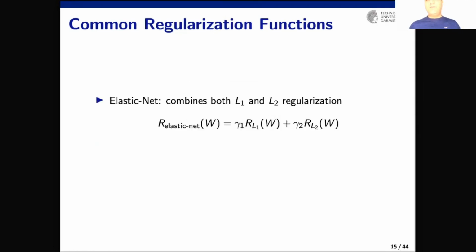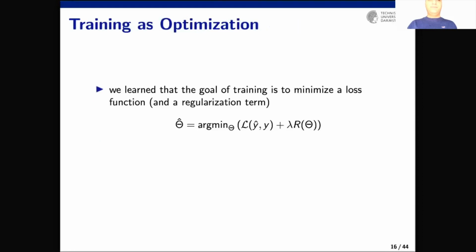Okay, and then we have elastic net, which combines L1 and L2 regularization, and then we have dropout, which works differently from L1 and L2. That's why we do not discuss it here, but it will be discussed later in the course.